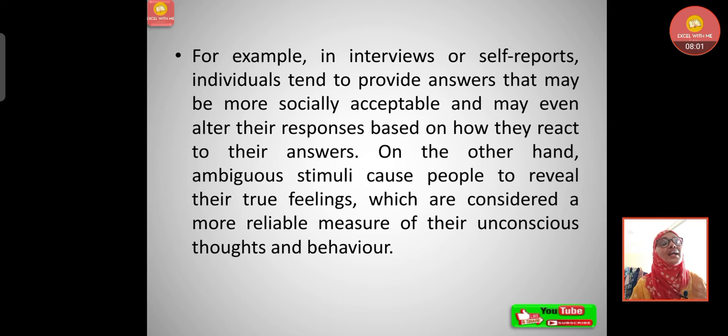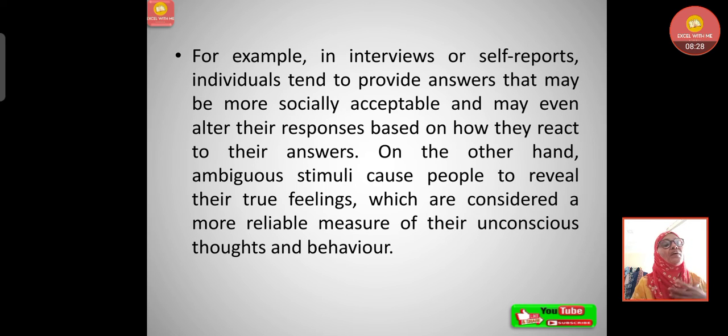On the other hand, ambiguous stimuli cause people to reveal their true feelings. If we are using these projective techniques, people reveal their own true feelings by seeing those images. There won't be any predetermined perceptions here, which is considered a more reliable measure of their unconscious thoughts and behavior.